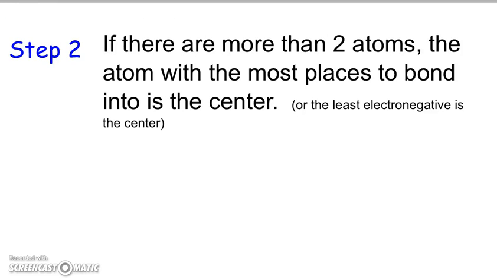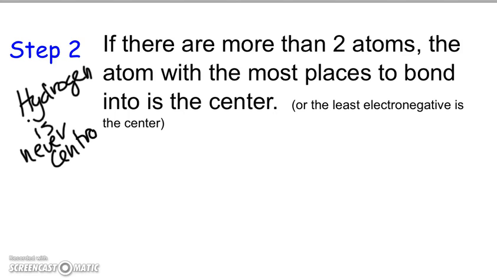If there are more than 2 atoms, the atom with the most places to bond into is the center atom, or the one that is the least electronegative. However, hydrogen is never central. So I look at water, which is the molecule we're trying to draw, and it has 8 valence electrons.